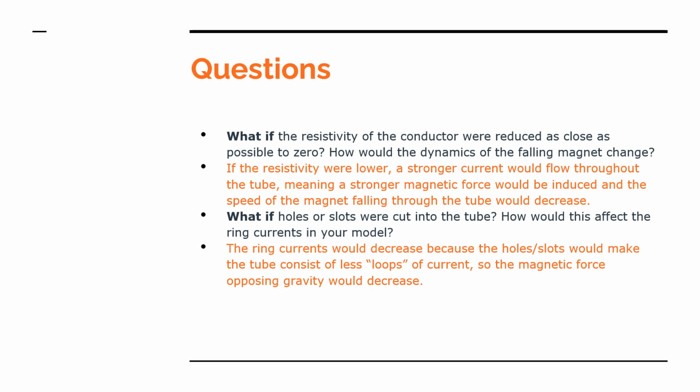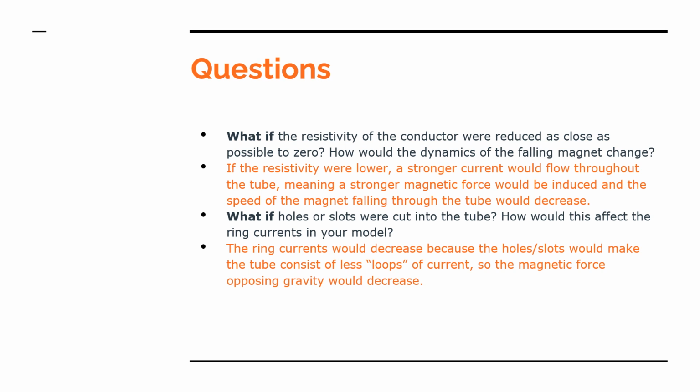So the magnet falling through the tube would fall even slower than it does now. And if the resistivity was reduced as close as possible to 0, the magnetic force could, in theory, oppose the gravitational force completely.